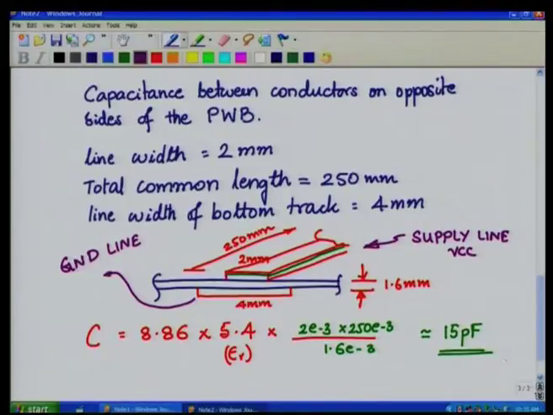So, this capacitance between ground and supply is always good to have at a higher value, lowering the impedance such that the supply and the ground lines are more stable.